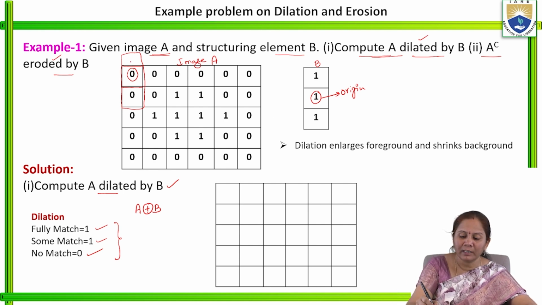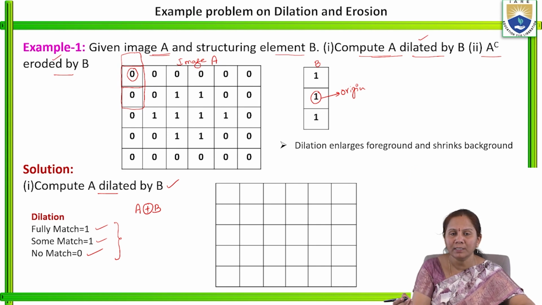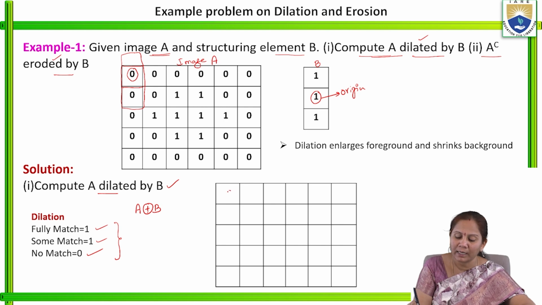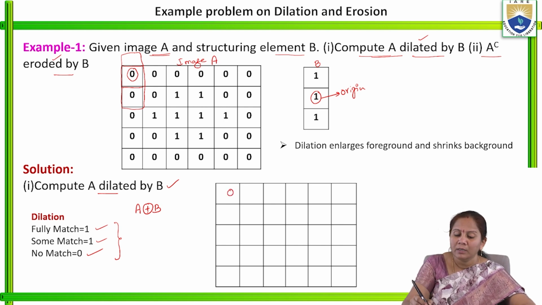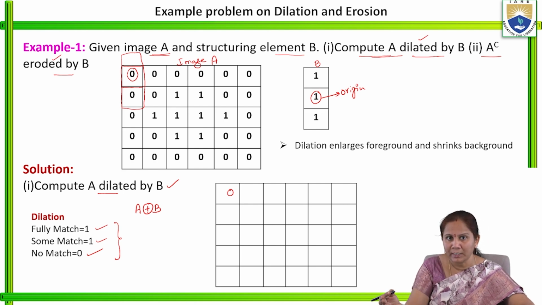If you place it here, here becomes 1, here becomes 1 and here also becomes 1. Compared to these two elements, there is no match. So in the output image, this pixel value will be represented as 0. Similarly, we have to shift this sub-image B over the given image A and find the remaining values.